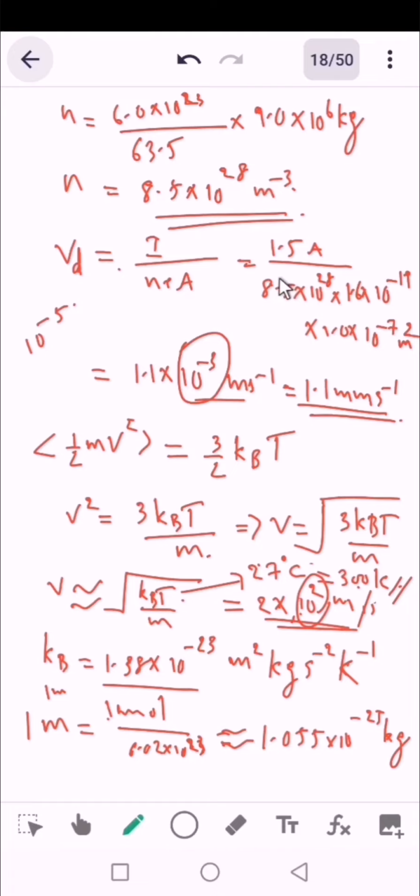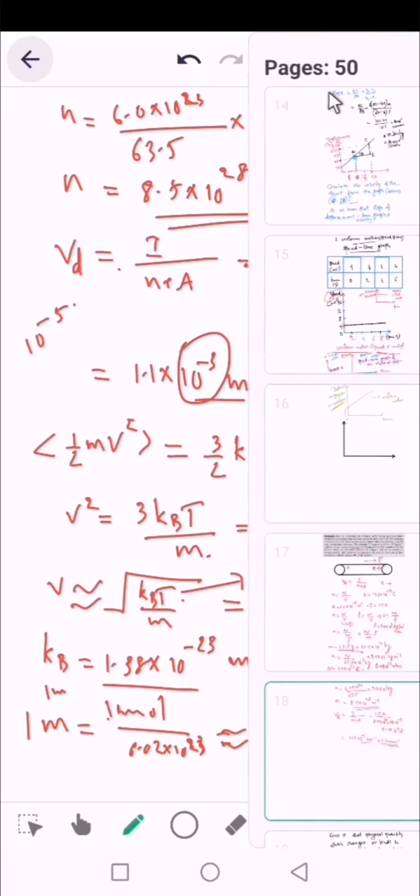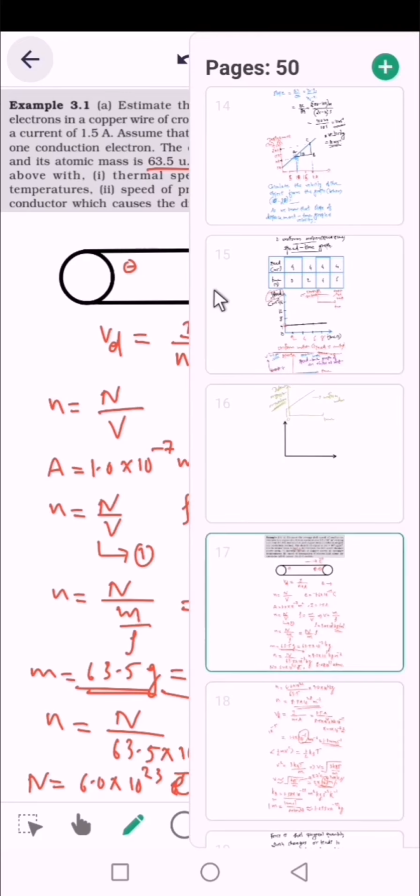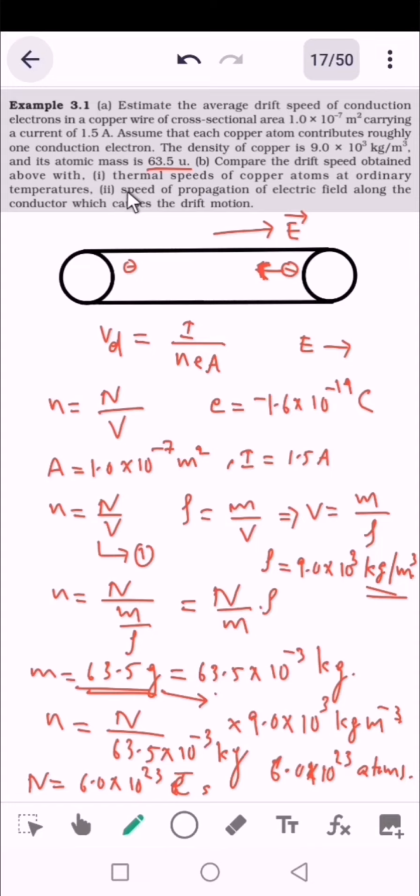So drift speed is lesser. That is the answer to the second part of the question. In the second part you can find two questions. The first we have already answered, that is the thermal speeds are high compared to the drift speed at ordinary temperatures. Then the speed of propagation of electric field along the conductor which causes drift motion.